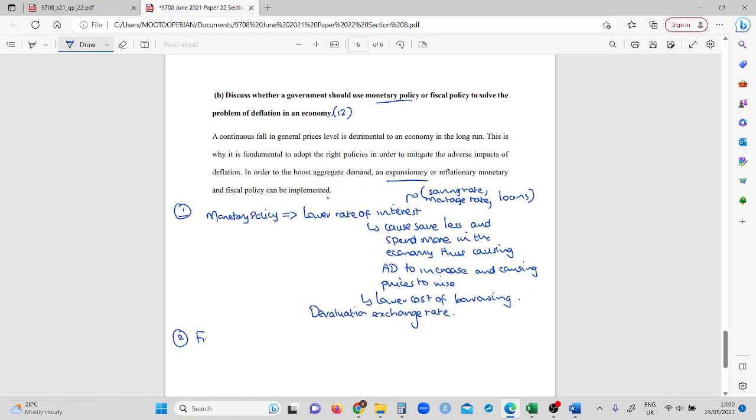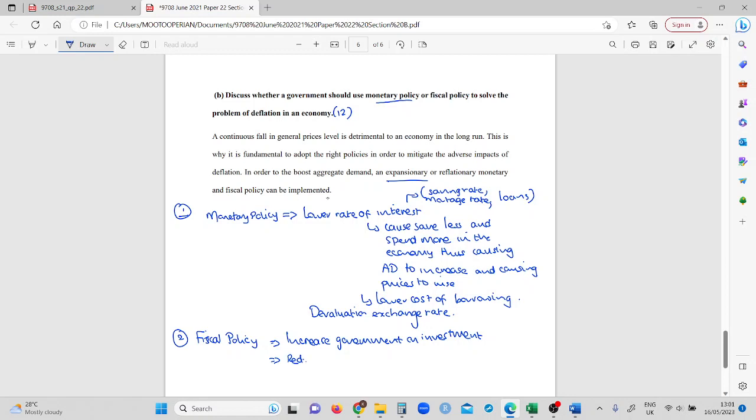Next, we have to adopt fiscal policy. With fiscal policy, the government can increase government spending, increase its spending on investment, public healthcare, education, encouraging foreign direct investment. Also, fiscal policy revolves around taxation.